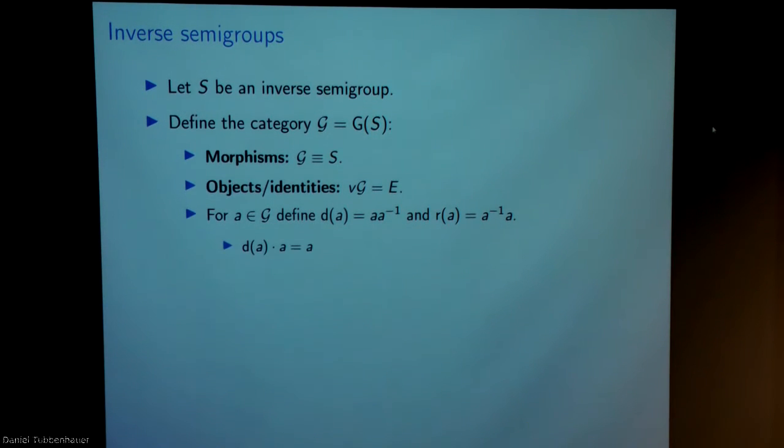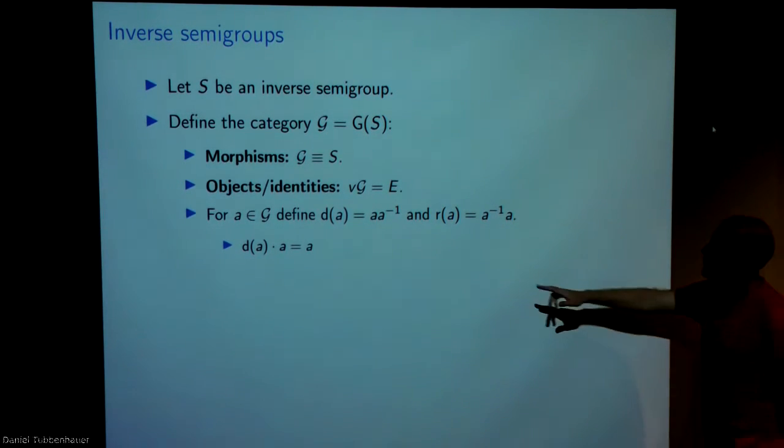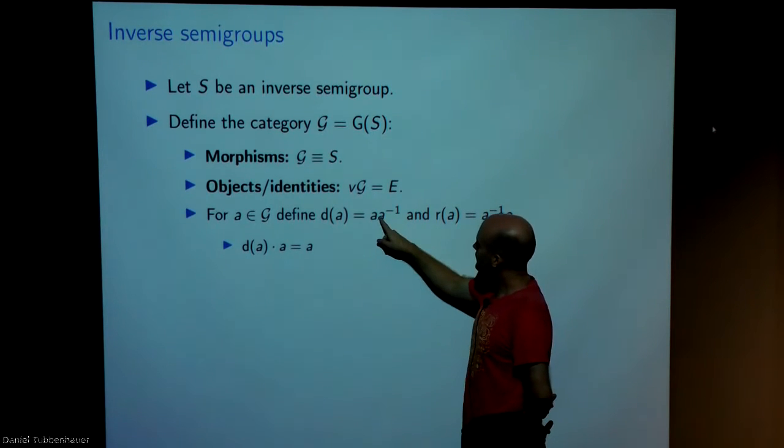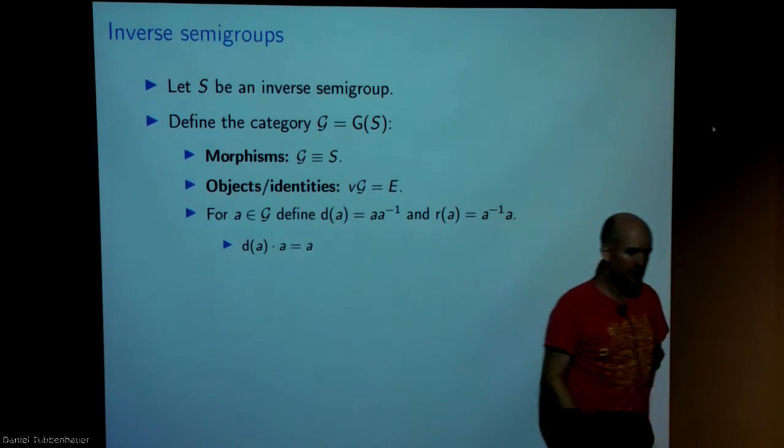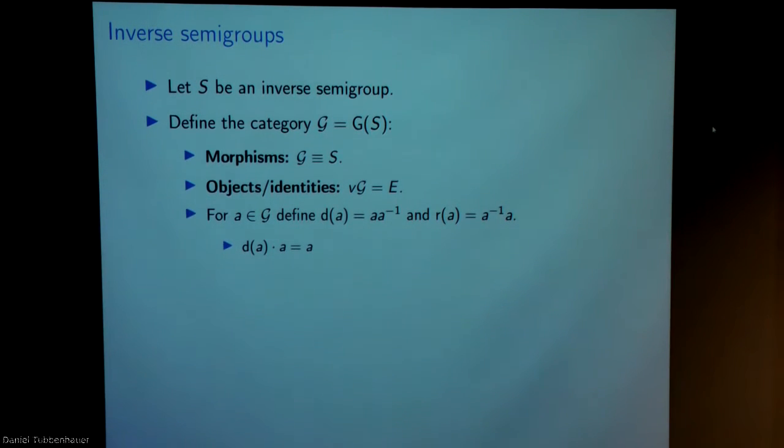Before anyway. And all right, because A inverse A times A equals A, that's just telling us that the domain of A times A equals A. So this is a left identity for A. Something similar happens with the right identity.